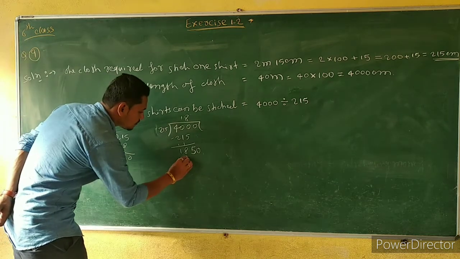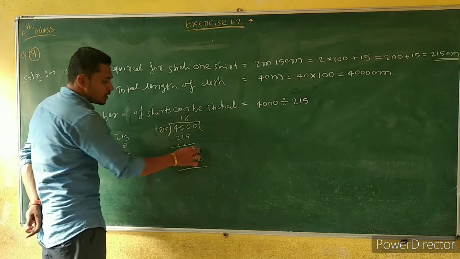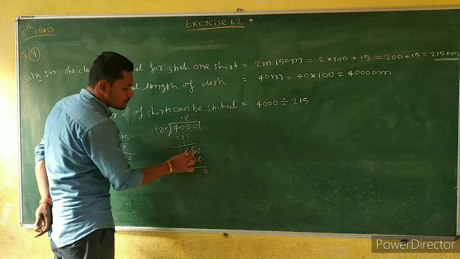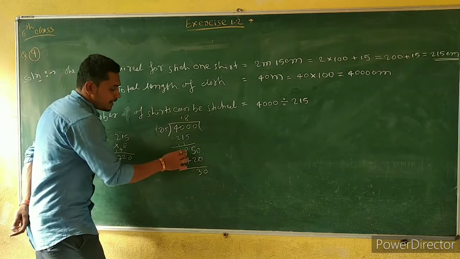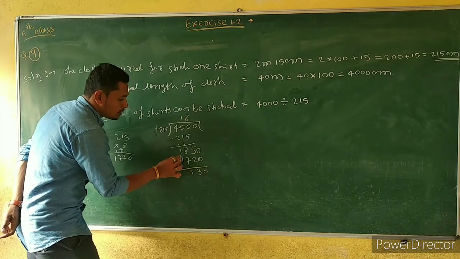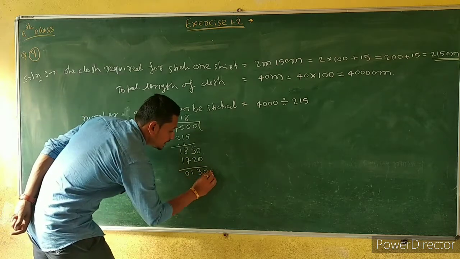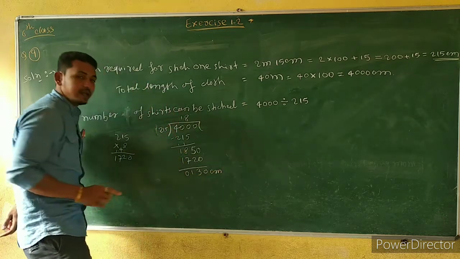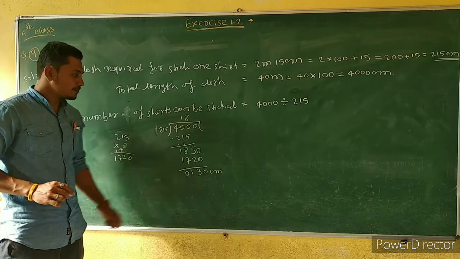So therefore 1720. Now 0 minus 0, 0. Next 5 minus 2, 3. 8 minus 7, 1. And 1 minus 1, 0. So 130 centimeter is the remainder.